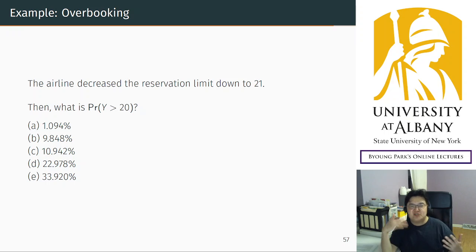So let's reduce the scale of overbooking. They are selling only 21 reservations. What is the probability of the problem? Try to answer this question.